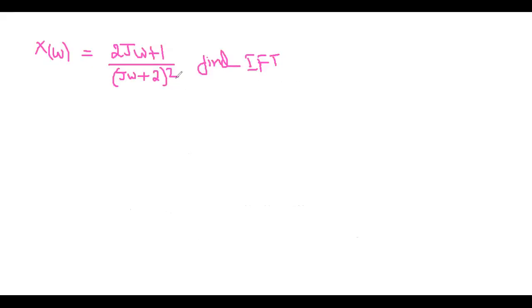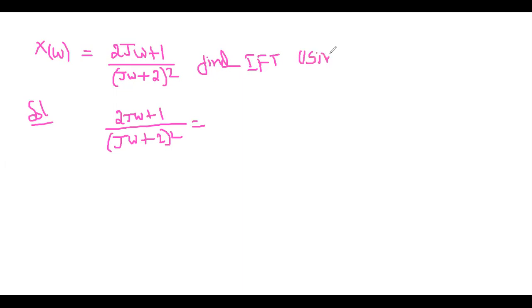So I take 2j omega plus 1 by j omega plus 2 whole square and use the partial fraction method.